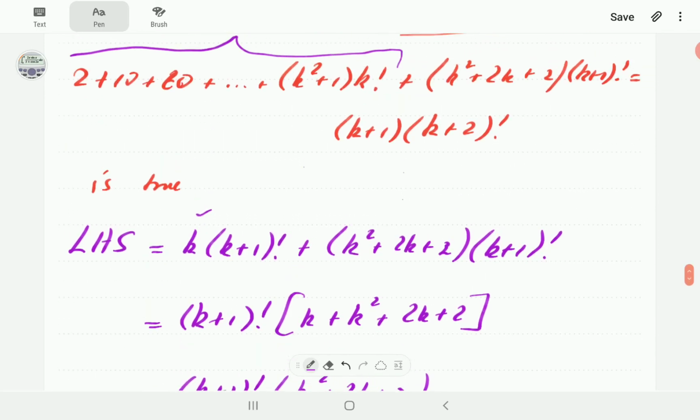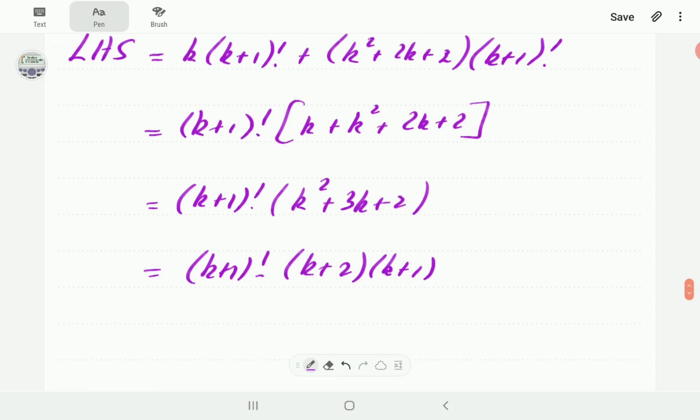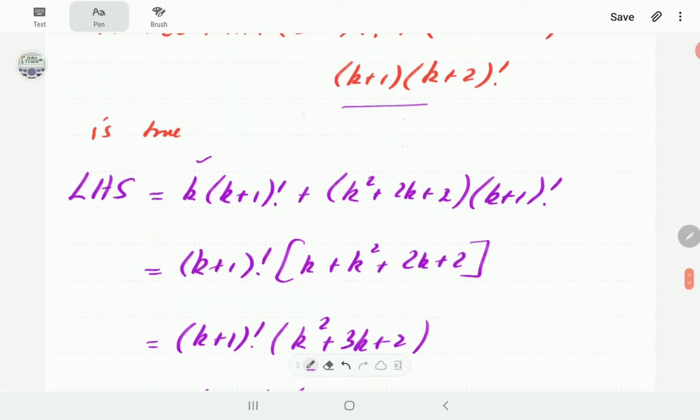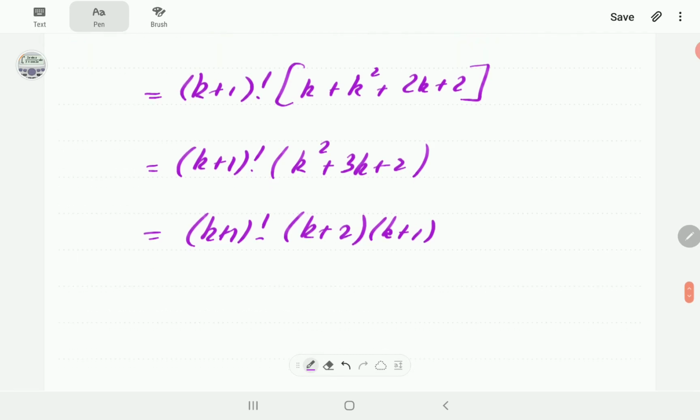Okay, now I'm just checking the expression that we are looking for. From here, (k+1) factorial times (k+2) is actually (k+2) factorial.